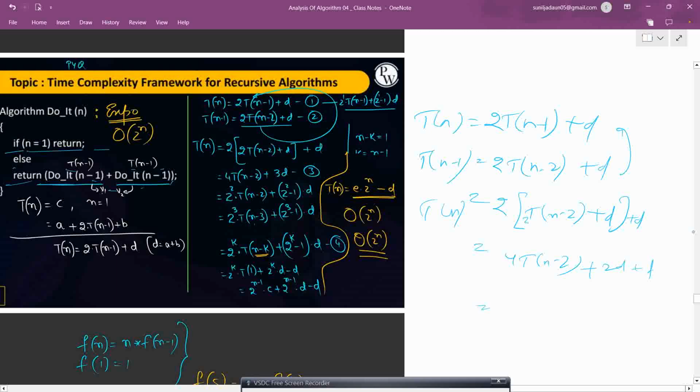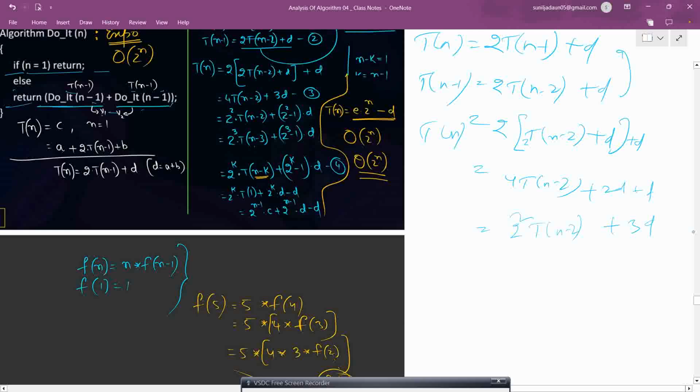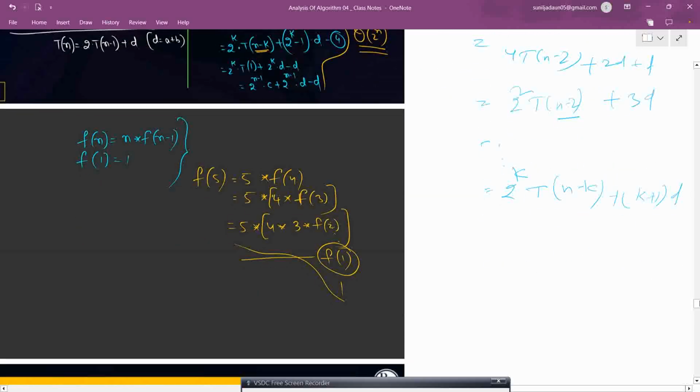What would become 2 to the power 2 T(n minus 2) plus 3d, right? So if it is n, so n minus k, then for this 2 to the power k, T(n minus k) plus (k plus 1) d. Alright, this is the case here.